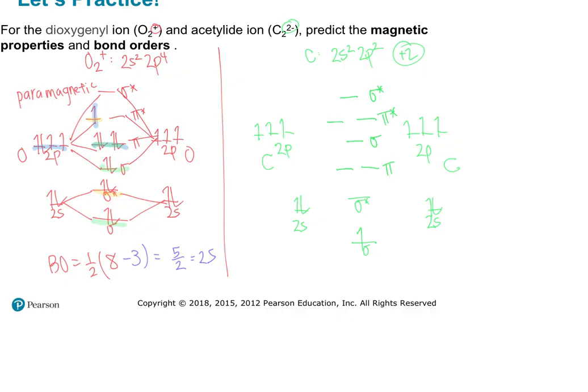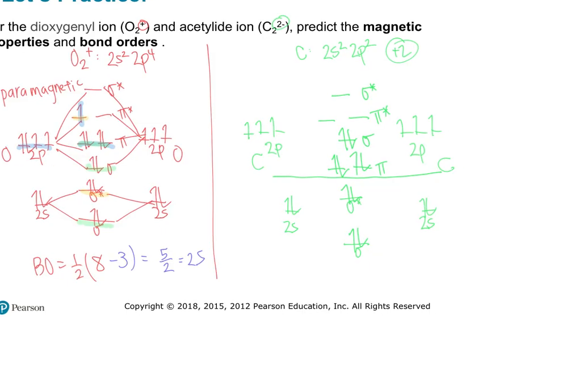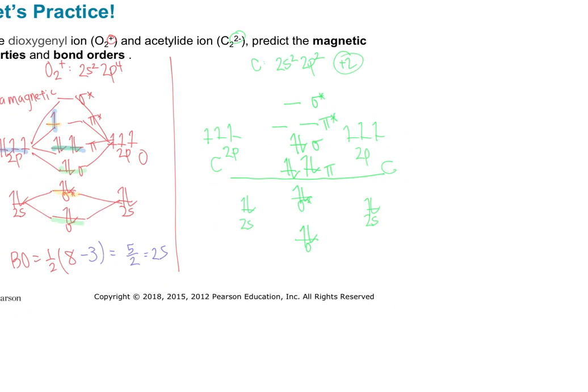We'll fill her in now. We'll go 1, 2, 3, 4 for this layer, and then here we have 6 electrons total, so 1, 2, 3, 4, 5, 6. They're all paired up, so we will call this diamagnetic.